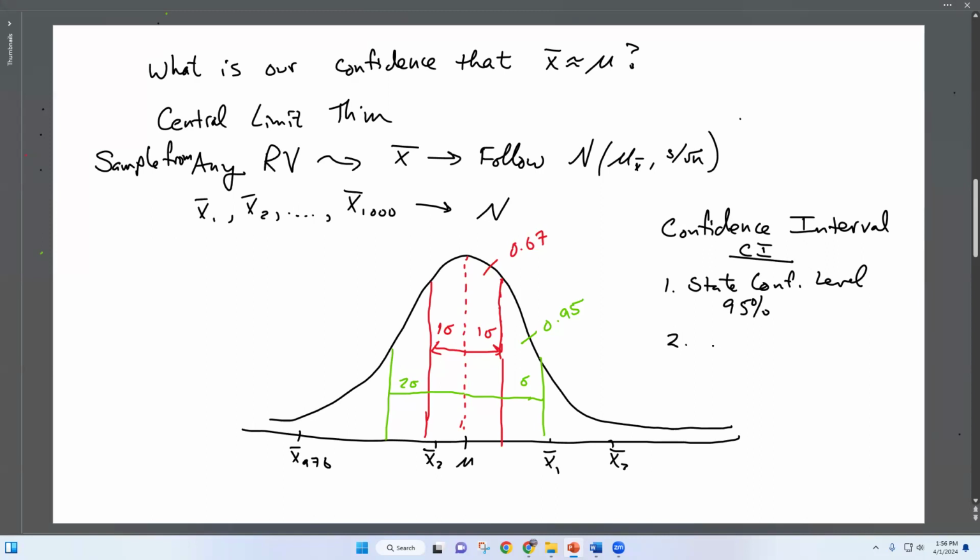And then we're going to use the normal distribution to calculate the confidence interval based on that confidence level. And hint, hint, if we say it's 0.95, then we're going to be using some sort of z-score to get us out to that point. So we'll look at that on the next slide.